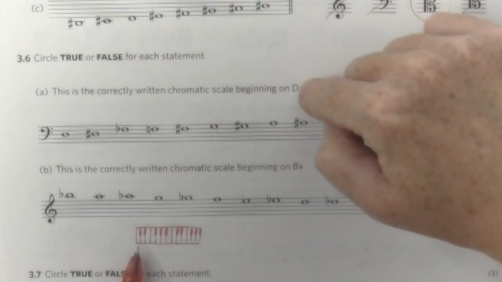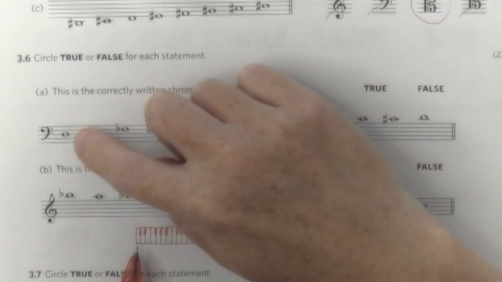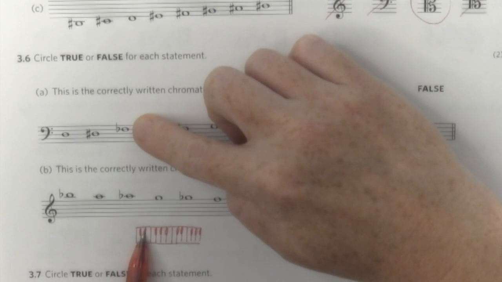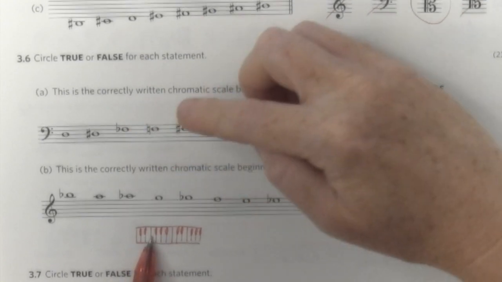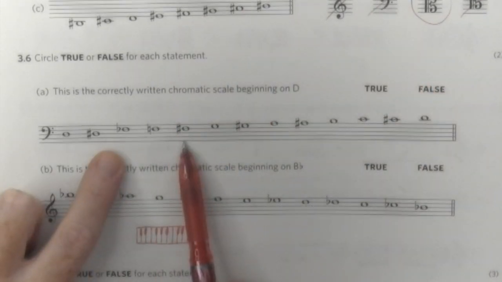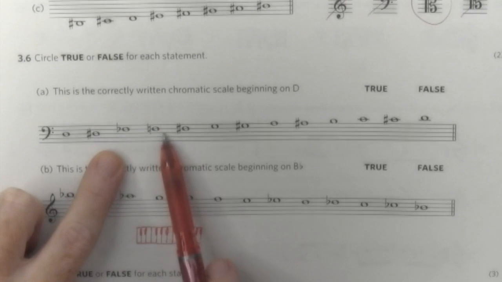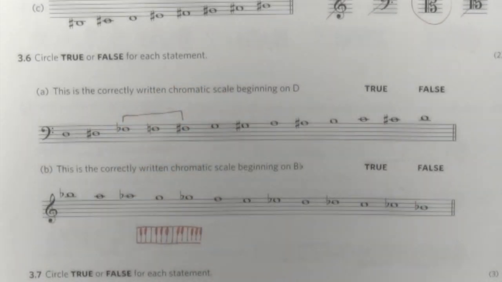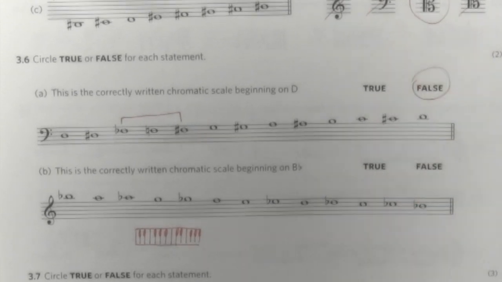This is D, beginning on D, bass clef, so D, D sharp, F flat, F natural, F sharp. Okay, although they are correct, we cannot have 3 notes with the same name in a row. So this is false.